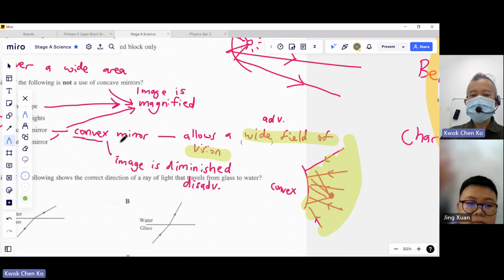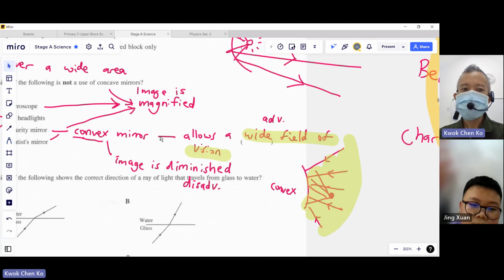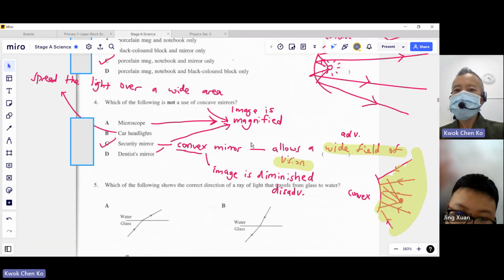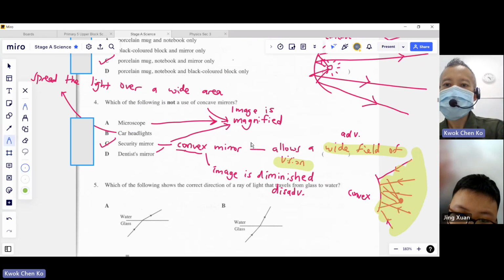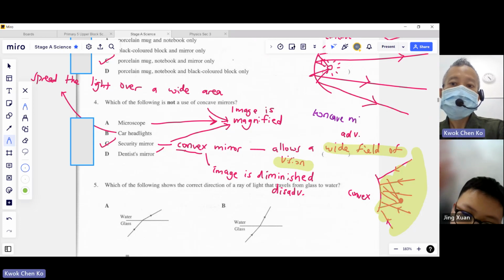Now, of course, probably you can realize the opposite is true for a concave mirror. So basically, for a concave mirror, maybe I write another thing. Concave. Remember, these are still mirrors. This is not refraction. This is reflection.